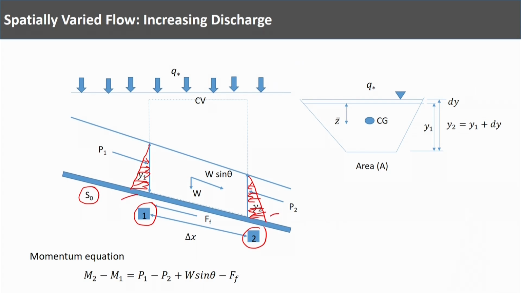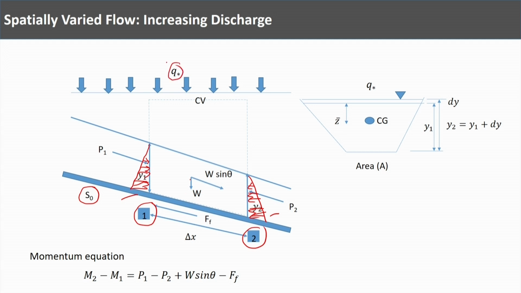Now, the weight of the water acts vertically. It has two components, one normal component and the component along the channel, W sin theta. When we consider the conservation of momentum, we will use the W sin theta component. And there is a Q star.